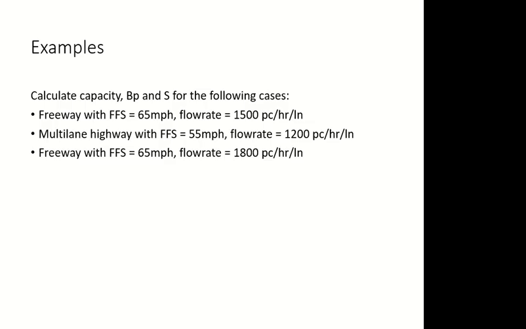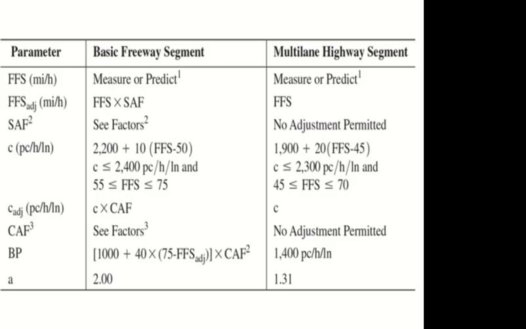So for example, if this thing is given here, then you are required to calculate capacity, breakpoint and speed. So three things: capacity, breakpoint and this. So for example, if I take the first case, I will start with capacity and breakpoint.